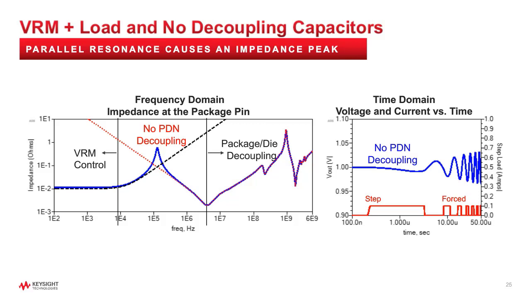In this case, the package die model was an S-parameter data file from the vendor. The original series RL model is the dashed black trace, and the dashed red trace is the package die S-parameter model. The blue trace is the impedance seen when connecting the two models together.